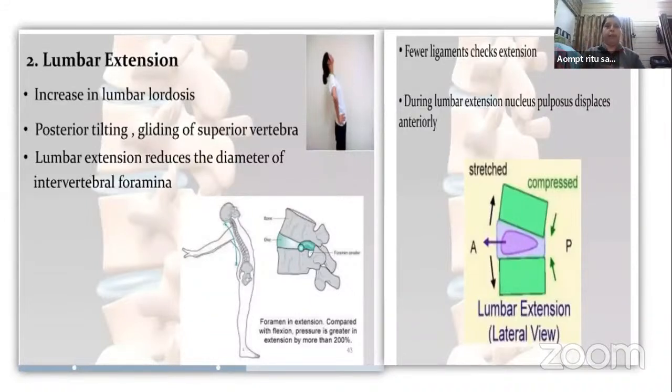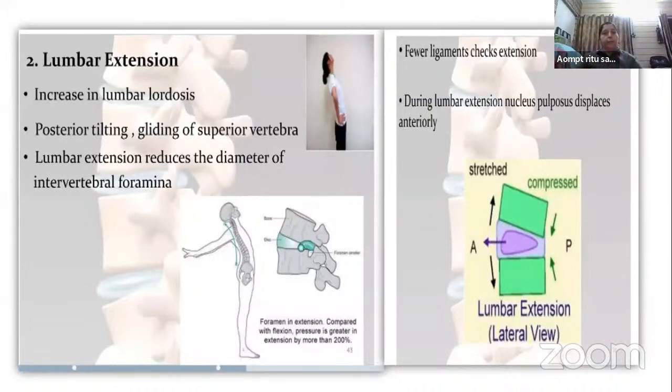So the stretch and compression will be in different positions. Here anteriorly the stretch is coming and the compression is coming posteriorly, because when we are doing extension the spinous processes are getting close, so there is compression. In flexion, the spinous processes will be far apart.